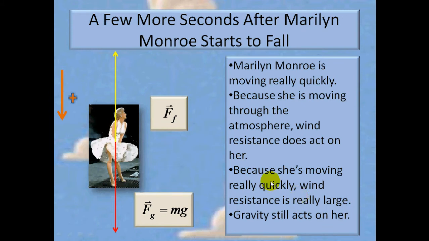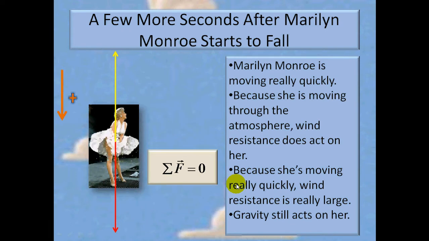A few more seconds later, Marilyn Monroe is falling really quickly. Because she's falling really quickly, the force due to friction is really big. In fact, at this point, the force due to friction is equal in magnitude to the force due to gravity acting on Marilyn Monroe. So at this point, the net force acting on her is zero because the two forces exactly counteract one another.